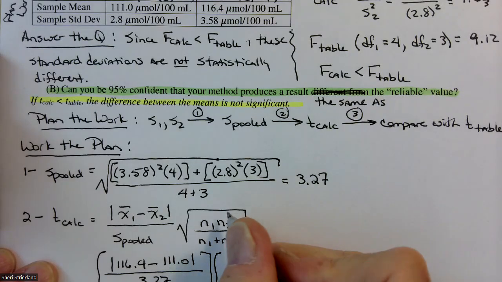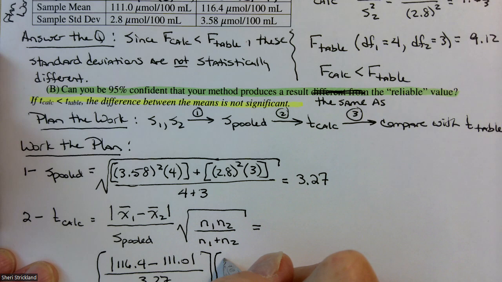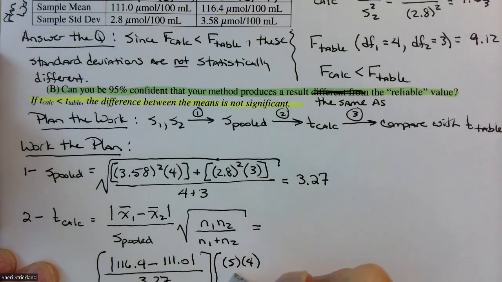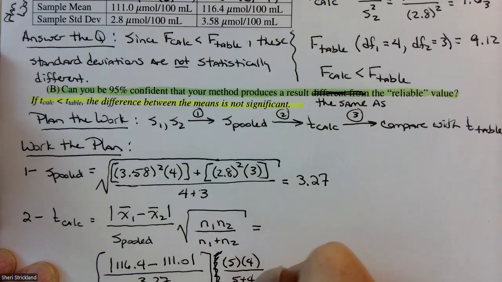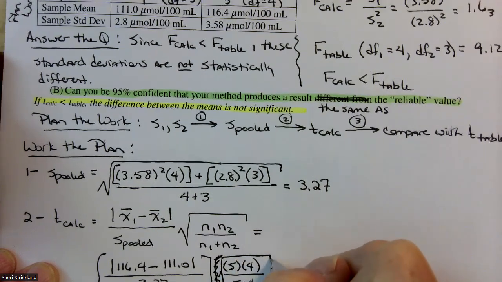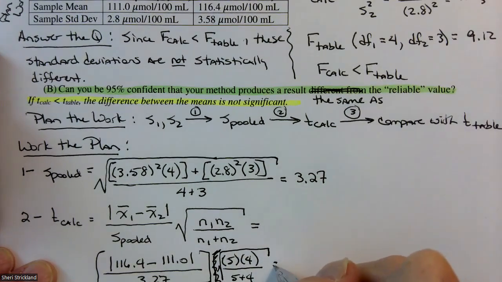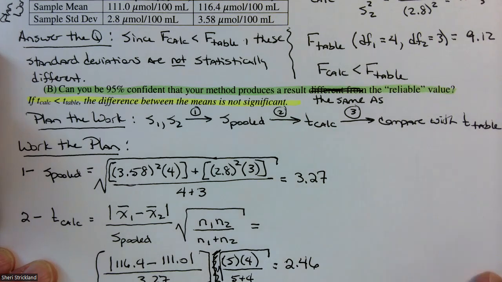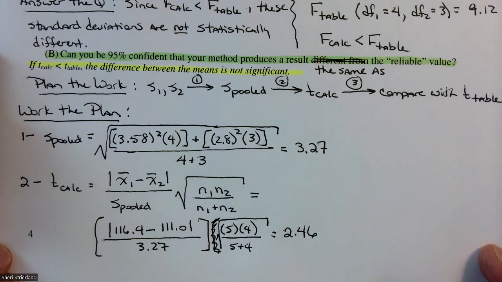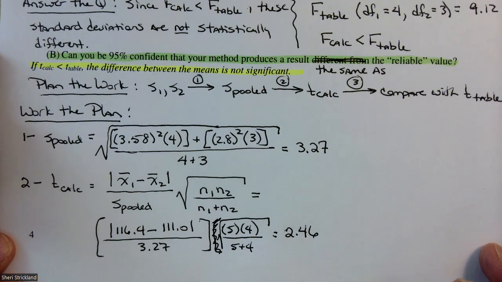And then I've got 5 times 4 divided by 5 plus 4. Let's just go ahead and do the square root symbol. And I got 2.46. Is that what you got? I'll give you a minute since I was a little off screen.